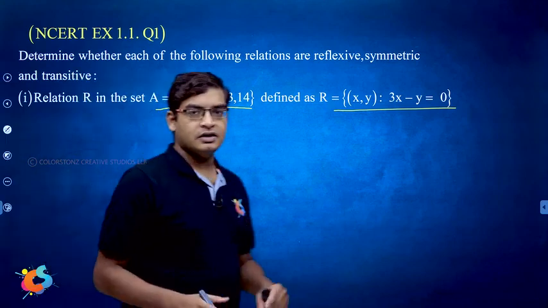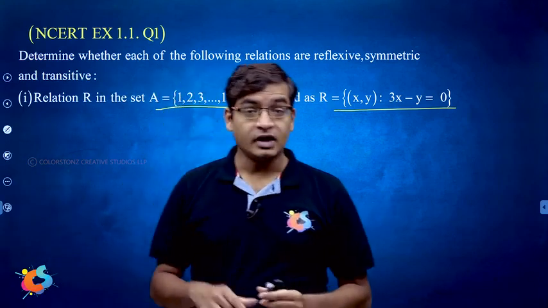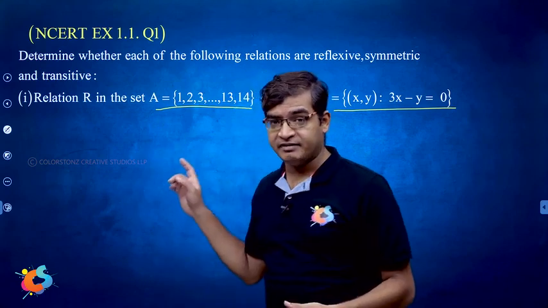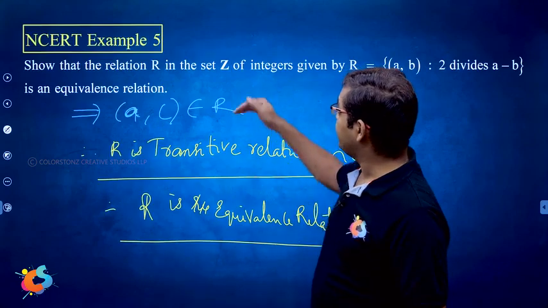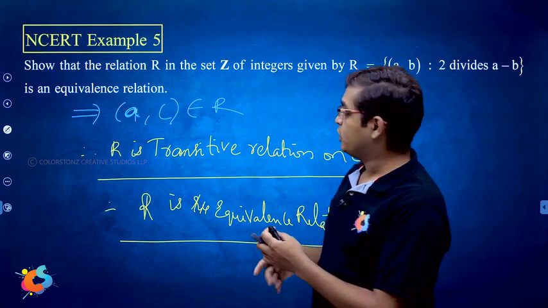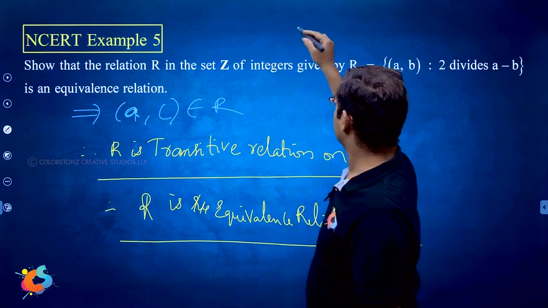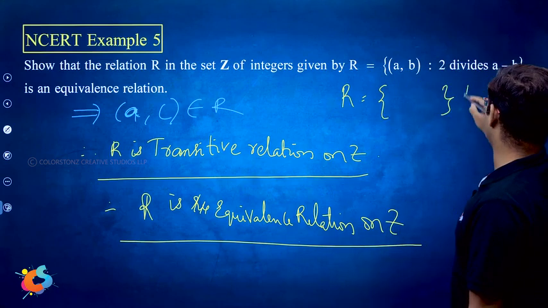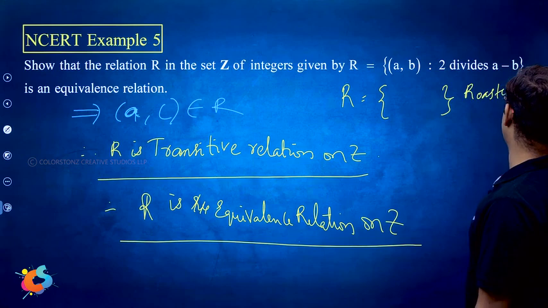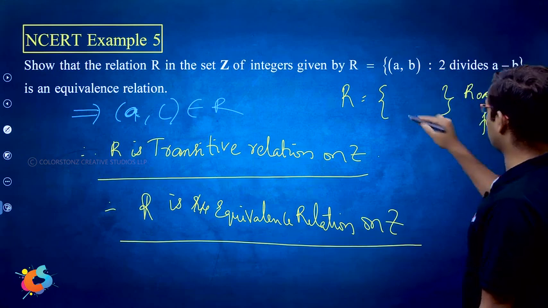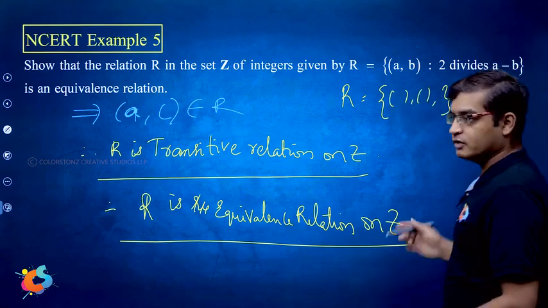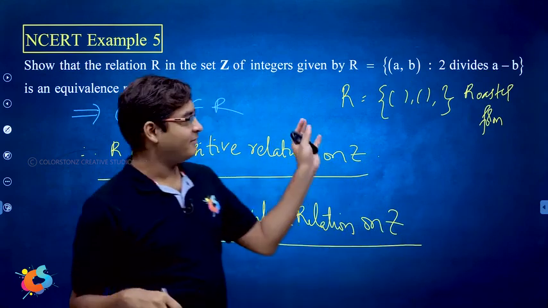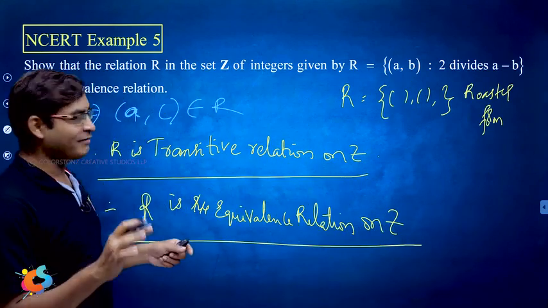So see, in the previous question that we discussed, we had an infinite set. So if you start writing R in roster form, writing all the ordered pairs, you will never complete because there are infinitely many integers. That will not work.